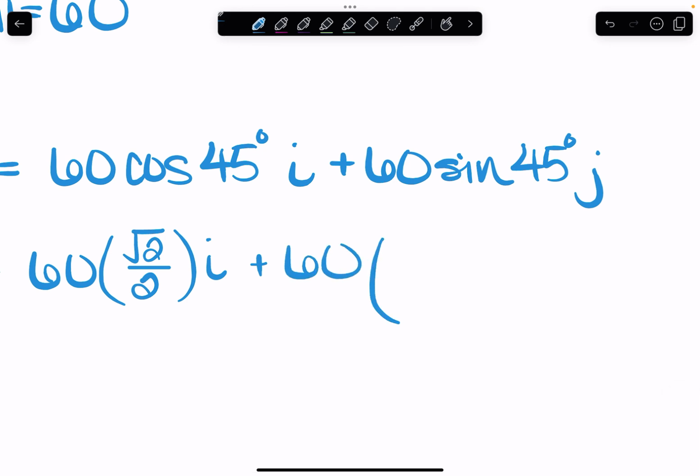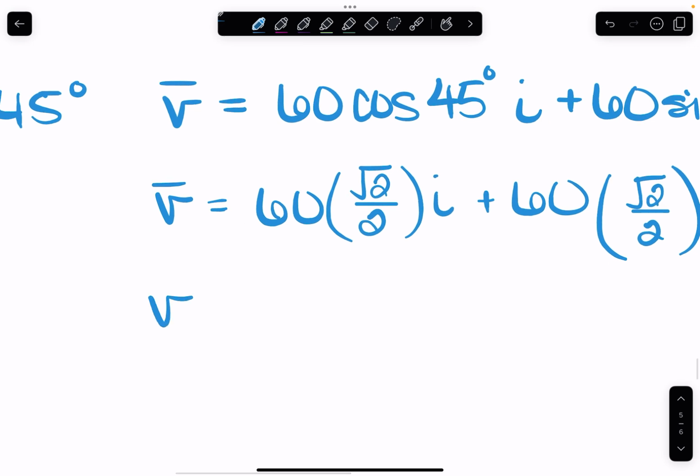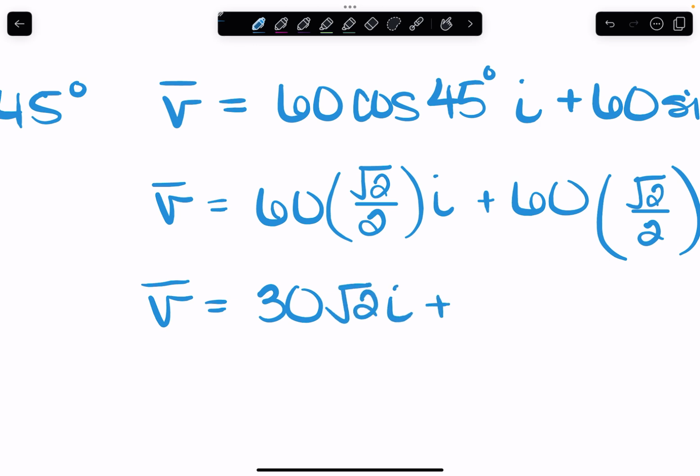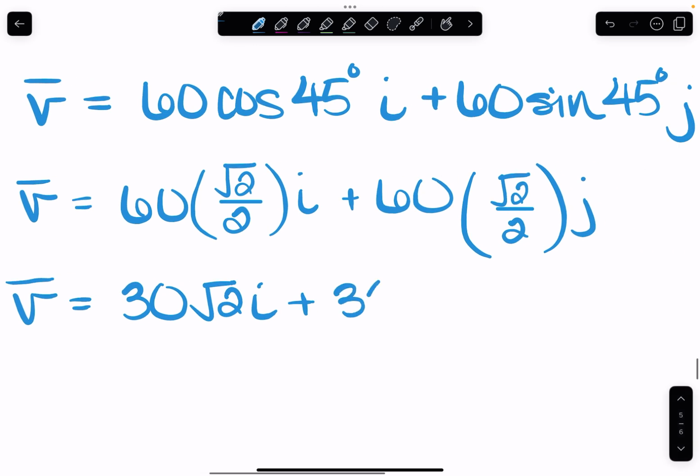We like our 45s and pi fourths because they're the same. Square root of 2 over 2. All right, 60 times square root of 2 over 2. We can reduce it to 30 square root of 2 i plus 30 square root of 2 j.